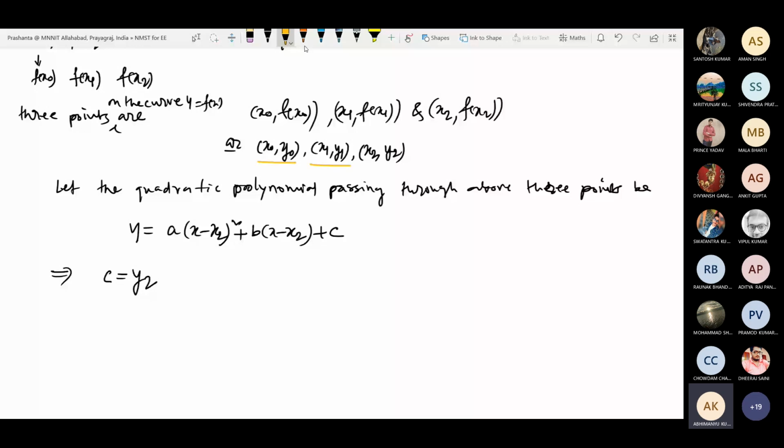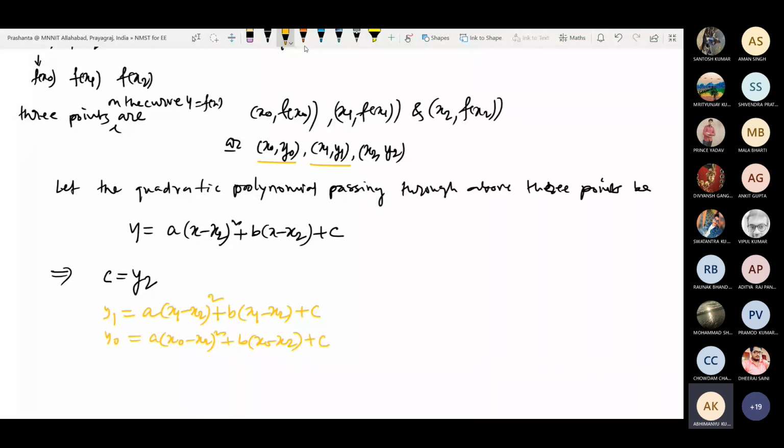So y1 equals a into x1 minus x2 whole square plus b into x1 minus x2 plus c, and another equation will be y0 equals a into x0 minus x2 whole square plus b into x0 minus x2 plus c.